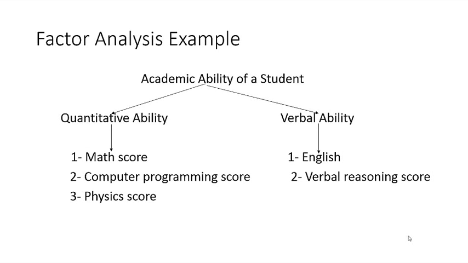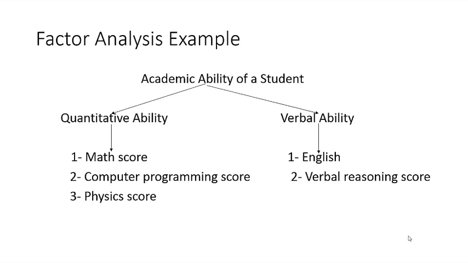Well, to give an example and to understand it better, for this particular illustration I have taken how we measure the academic ability of a student. Well, we can measure it basically by two means: look at his quantitative ability and look at his verbal ability.